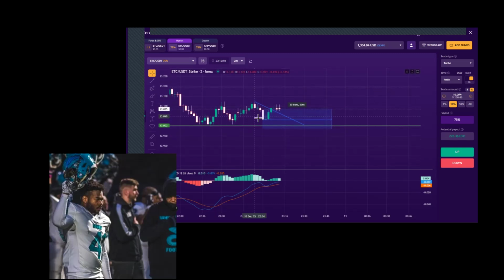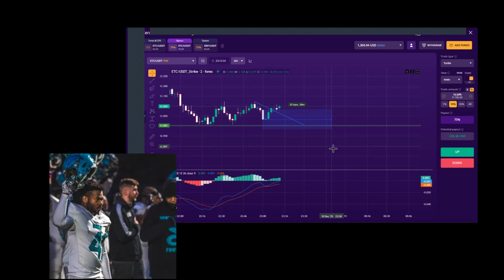And again, I'm not really tripping about this. Like I said, I'm not tripping about this trend line being broken, because the signal that I'm waiting for should come within the 50 minutes that's marked off.